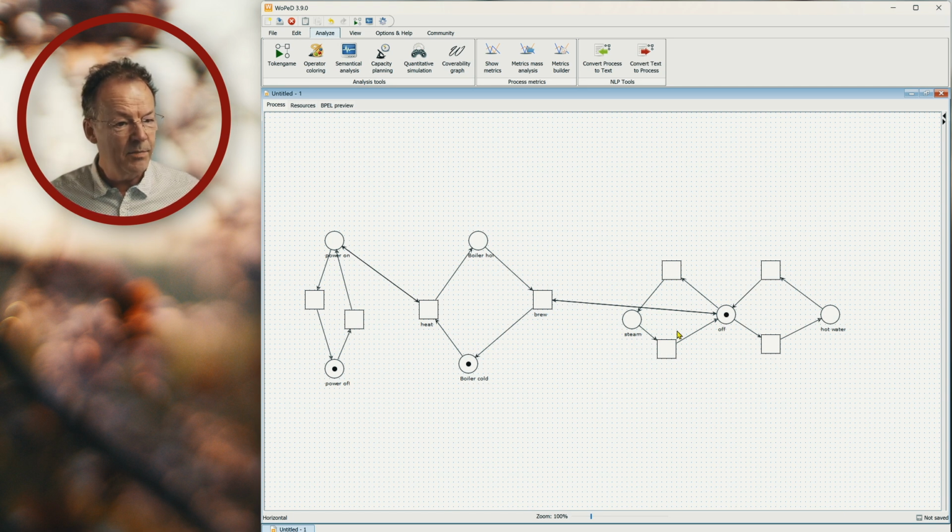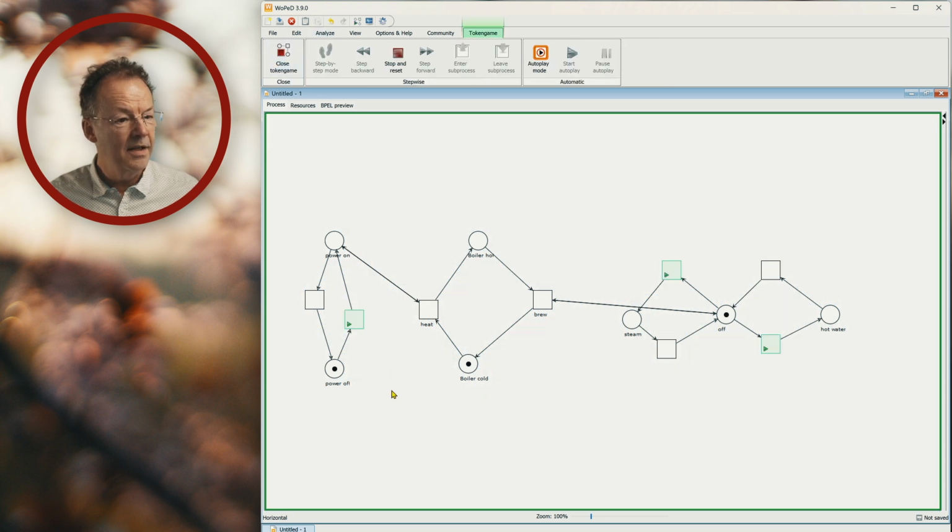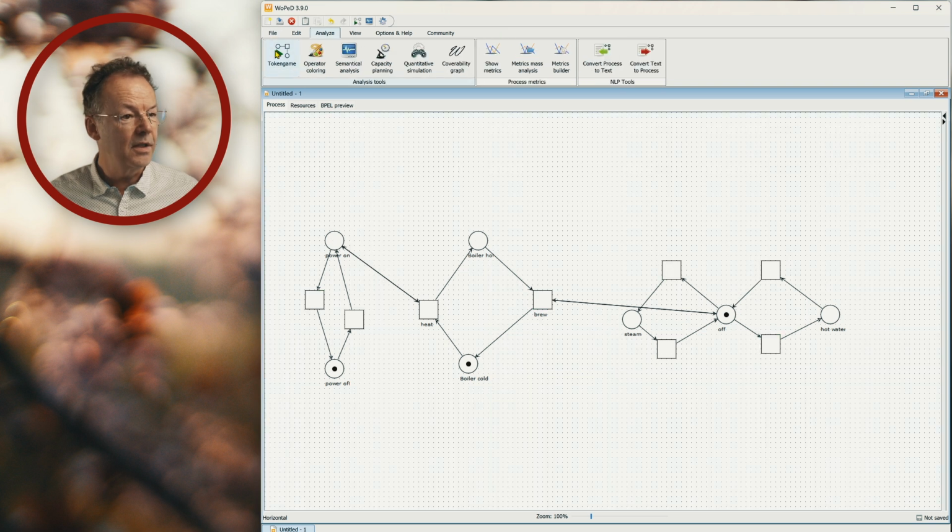And this means that if we look at the token game again, let's say we have the token put on hot water, we put the power on, the heating is on, but we still cannot brew coffee because this is not in the right position, and only here we can brew the coffee, okay? So this is that. So next thing, what did we observe?